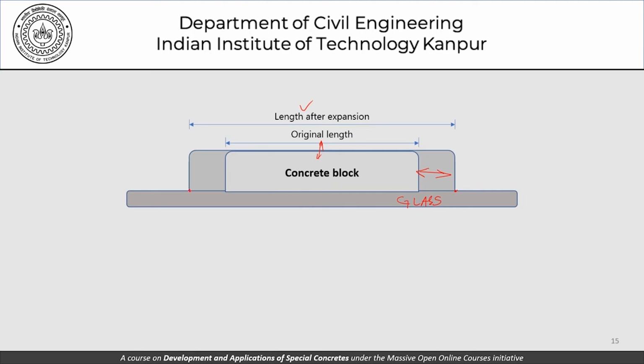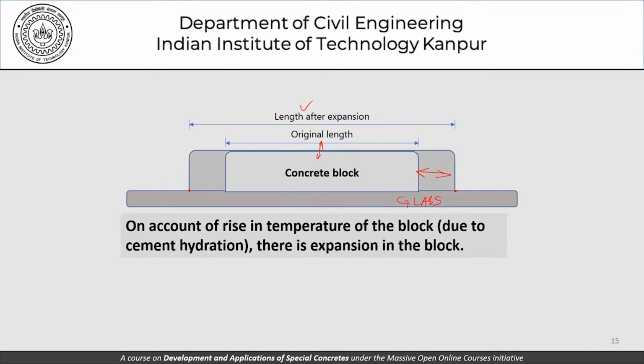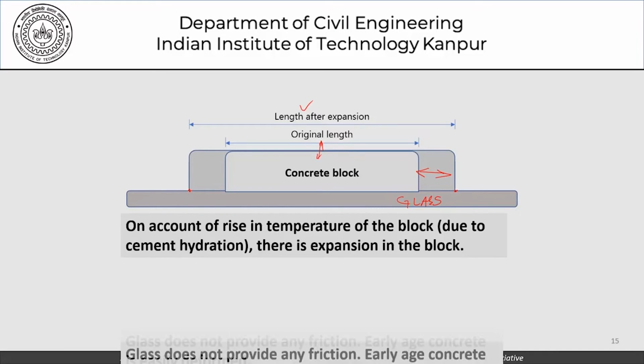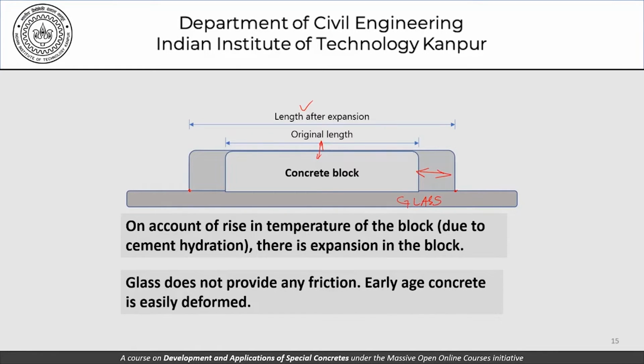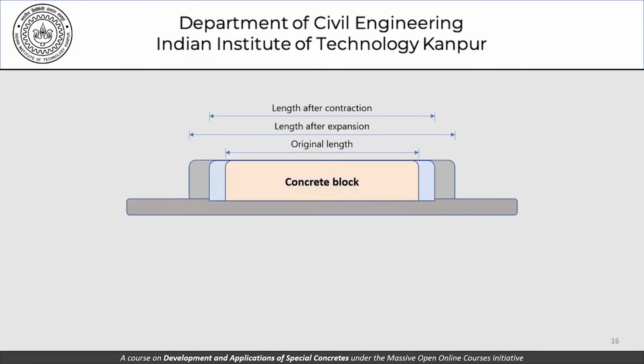At the end of the expansion process, on account of the temperature rise of the block due to hydration, there is expansion in the block, and glass does not provide any friction. Early age concrete can be easily deformed. So from this original length, it goes to this expanded length. Now what happens after the temperature cools? The concrete cools.